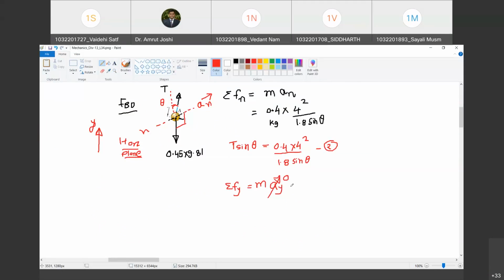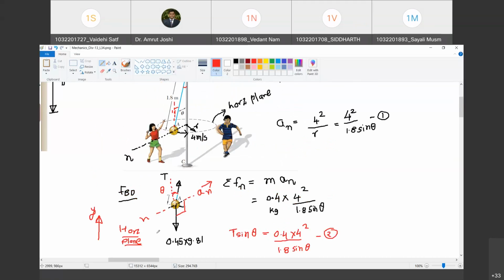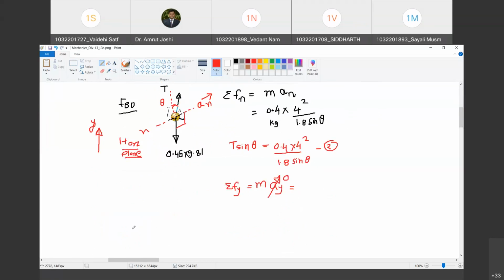Yes, sir. So look, we have used two coordinate systems, one normal-tangential and one Cartesian. The way the problem demands, we have to use those equations. Are you with me? So if I make summation Fy equal to 0, what is there in summation Fy? It is 0.45 into 9.81, minus plus T cos theta.